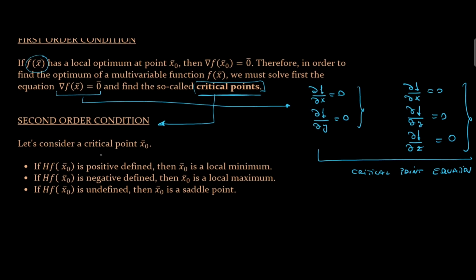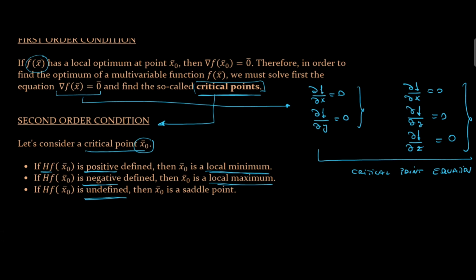So if we have a critical point, it's going to be a point with two coordinates or with three coordinates, then we have to substitute such point in the Hessian matrix, and we have to find out the sign of the Hessian matrix. If the Hessian matrix is said to be positive, then we have a local minimum. And if the Hessian matrix is said to be negative, then we have a local maximum. And if it's said to be undefined, then we don't know. We have what is called a saddle point.